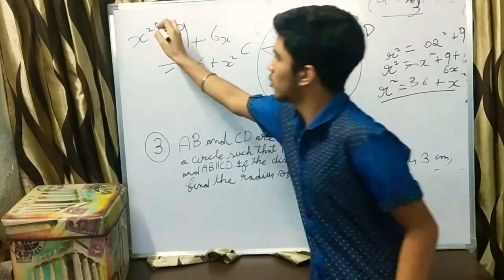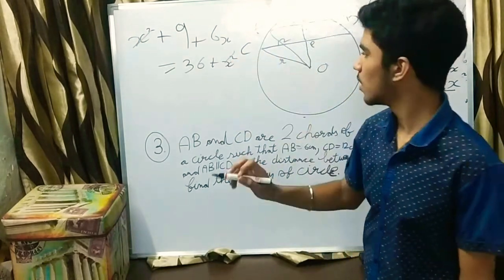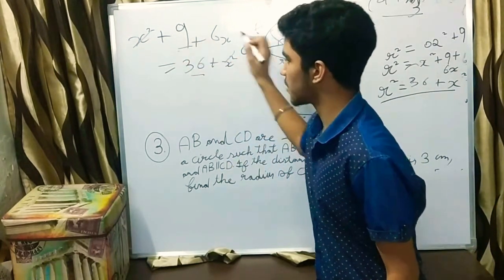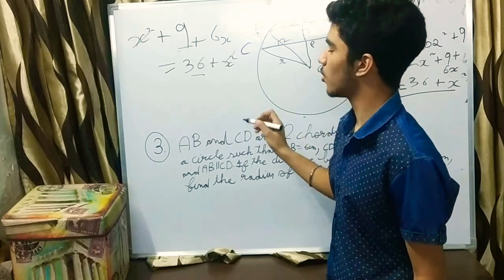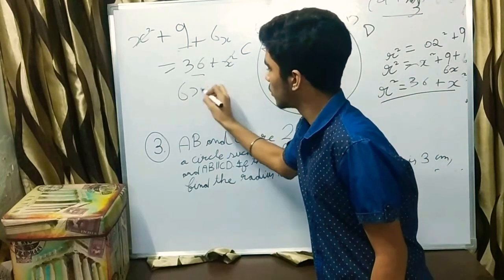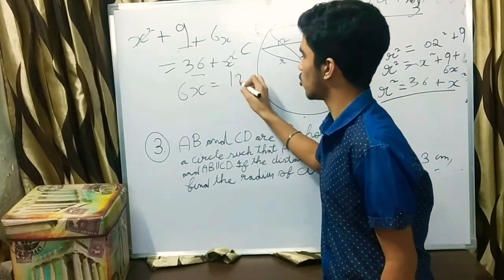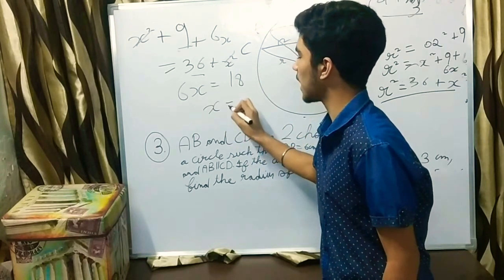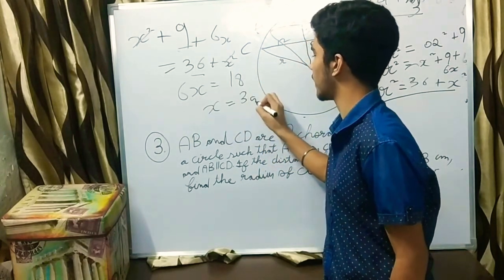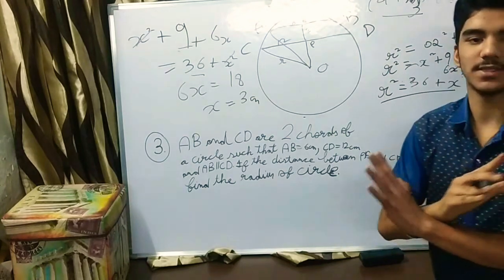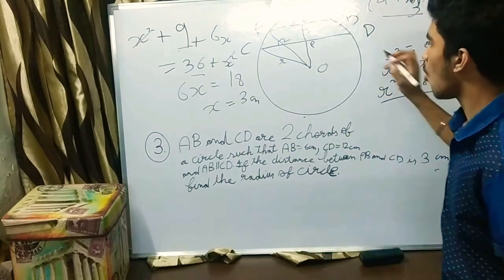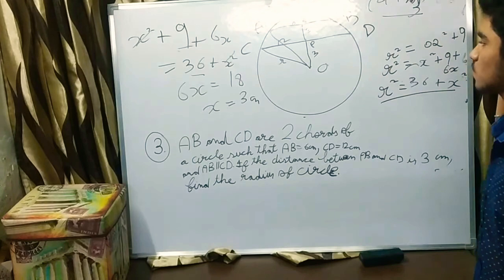Now this x square will cut off, and 9 will be subtracted from 36, which would be equal to 27. So this would be 6x is equal to 27. Now what was x? x was OP.